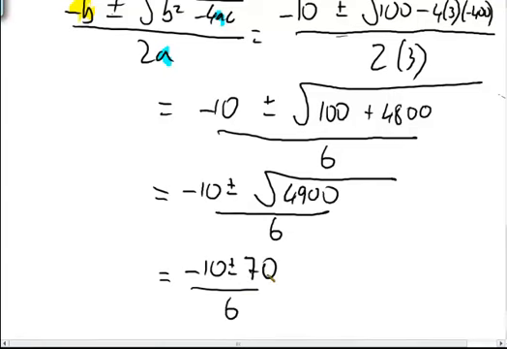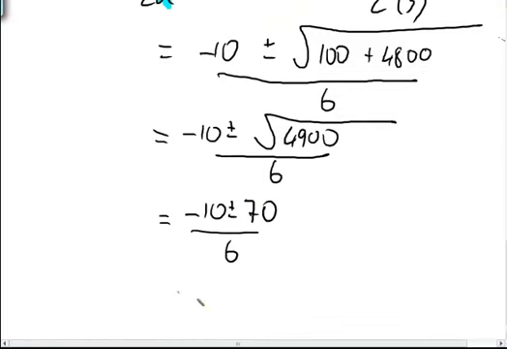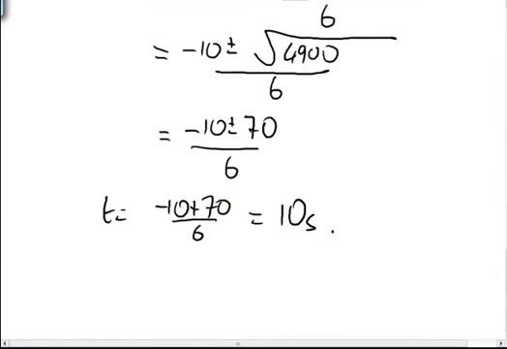The minus value won't make any sense, as we'd be left with a negative time, so we know that our time is going to be the plus value: minus 10 plus 70 divided by 6, which is 60 over 6, which is 10 seconds. The minus value, minus 10 minus 70 over 6, would be equal to minus 80 over 6. It doesn't make any sense, so we can leave it out.